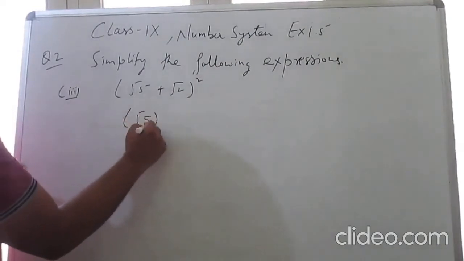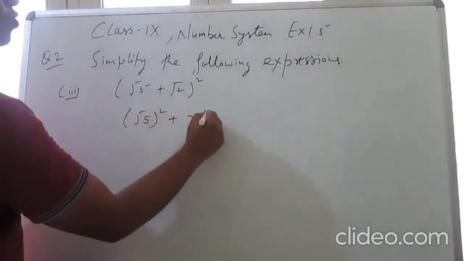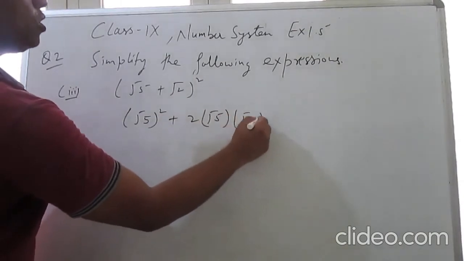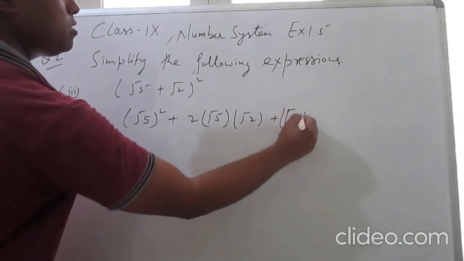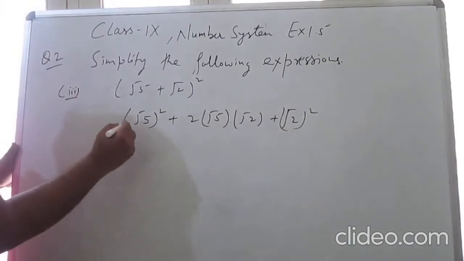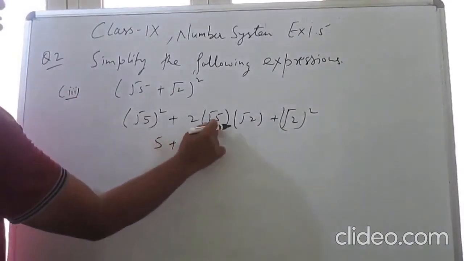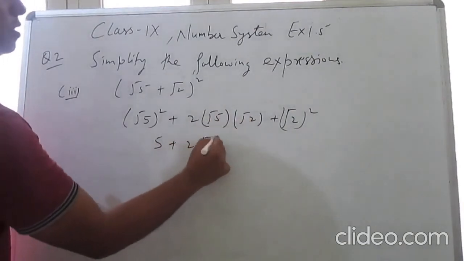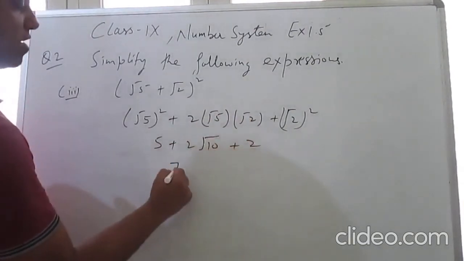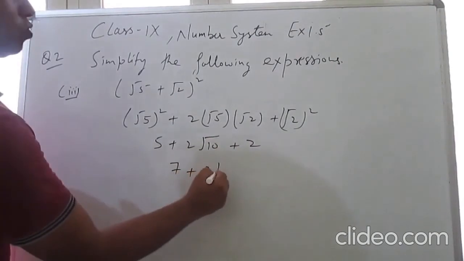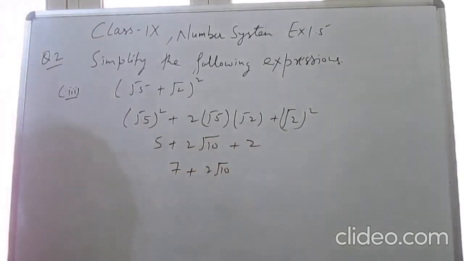Root 5 square plus 2 root 5 root 2 plus root 2 square. Now, what is the square of root 5? 5 plus root 5 root 2 is root 10, plus 2. 7 plus 2 root 10 is the answer.